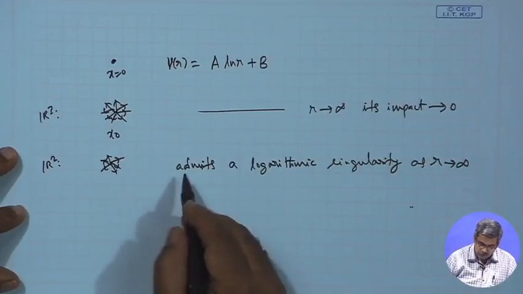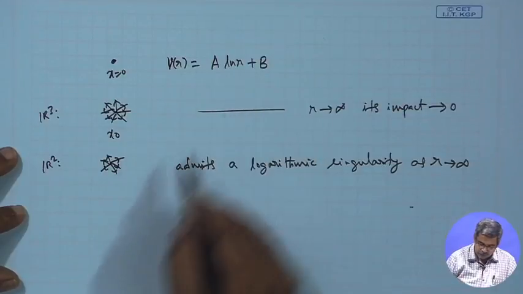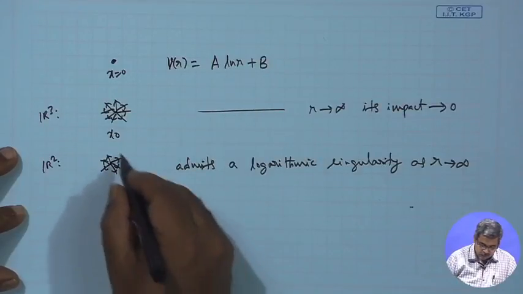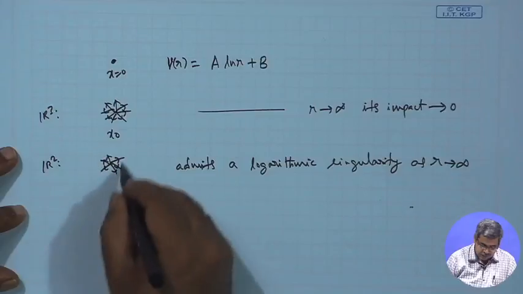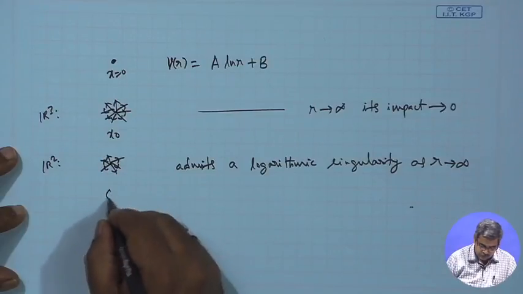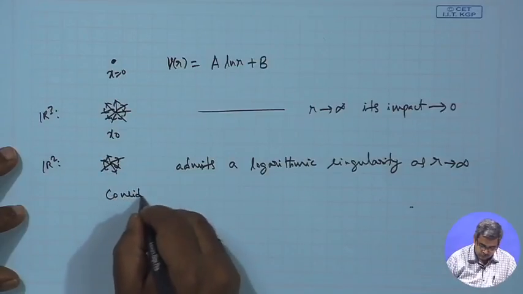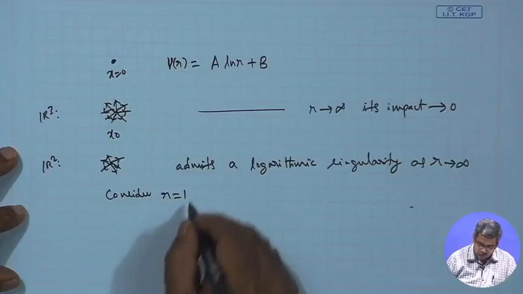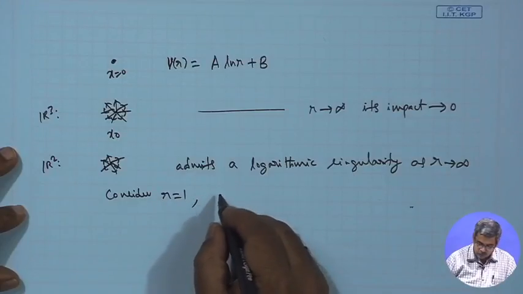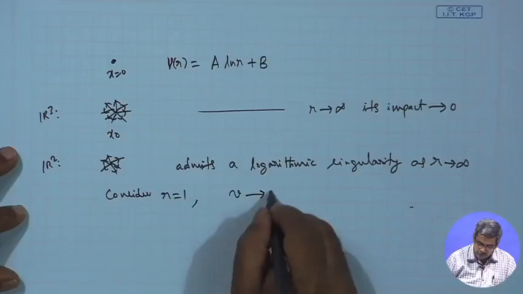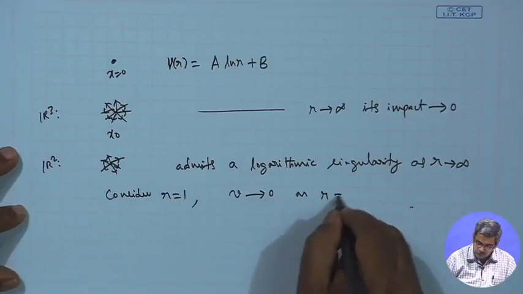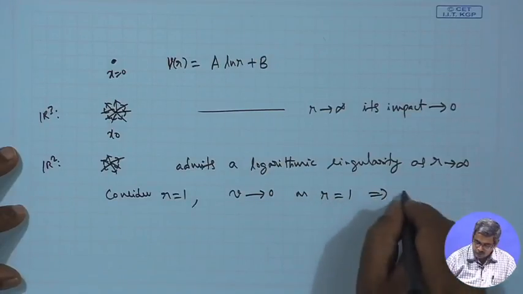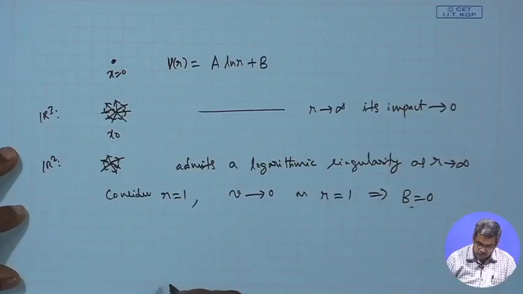So, therefore, how one determines B is we normalize the intensity of this on a unit circle. So, simply we consider r equals to 1, and then we say that V goes to 0 on r equals to 1. So, this will give B equals to 0.